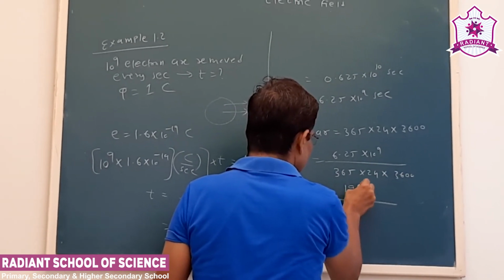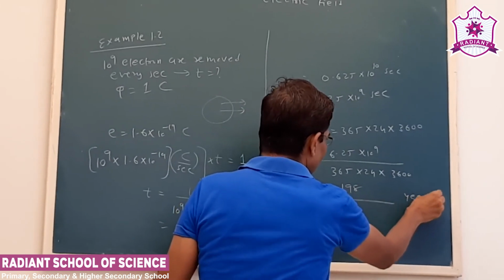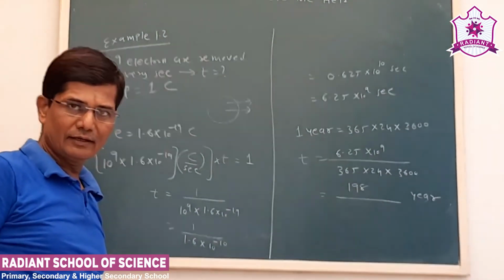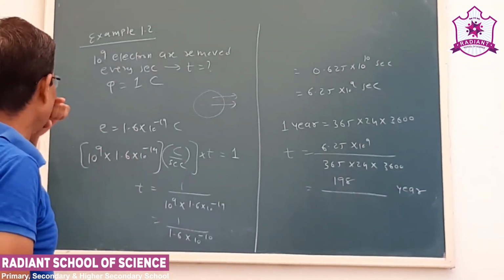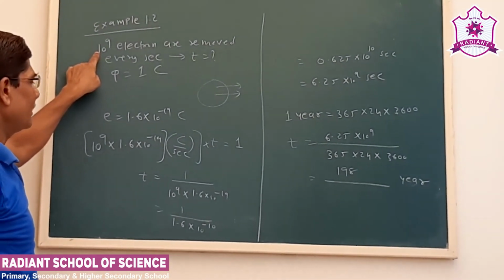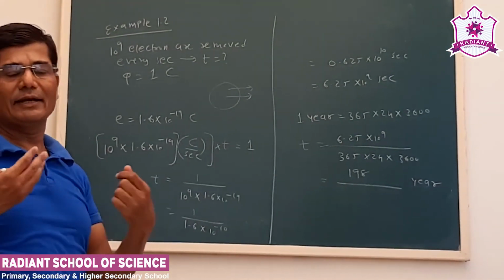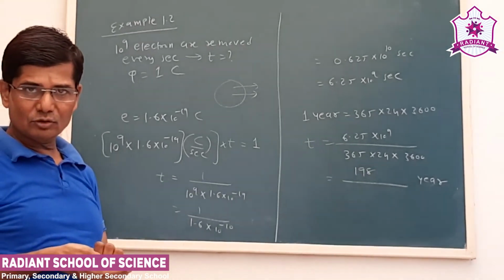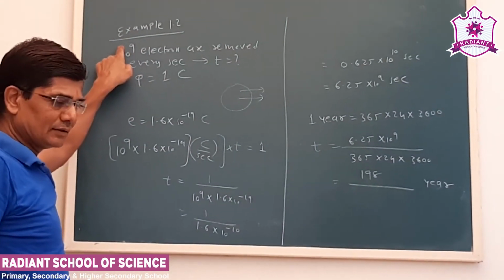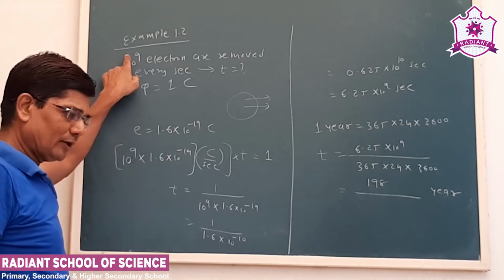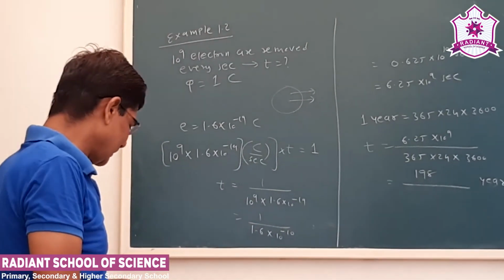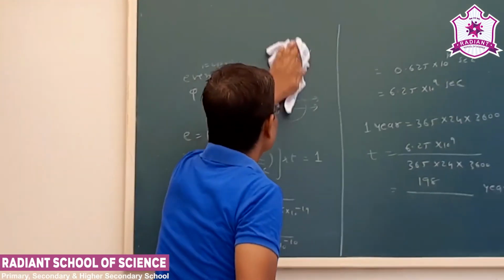If we solve this roughly, we will get about 200 years. In the exam, take care: instead of 10 raised to 9 electrons, it can be any other number also, and we should be able to solve it. This is about example 1.2. Now the next example is example 1.3.